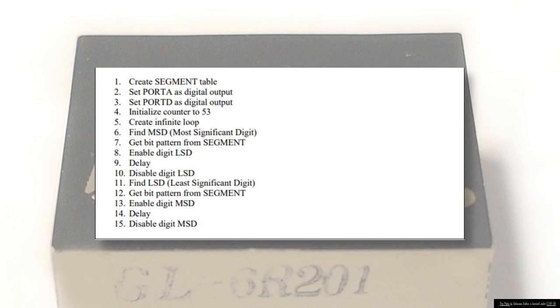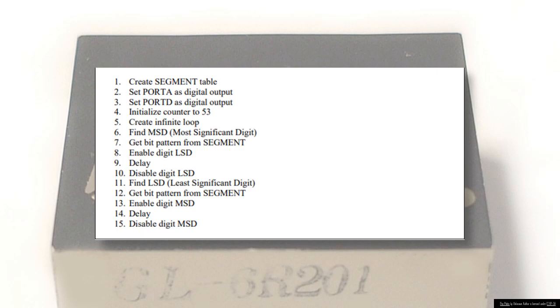In the infinite loop, the controller has to find the MSD, which is number 5. Then it gets the bit pattern from the segment, and then it will enable the digit LSD for least significant digit.